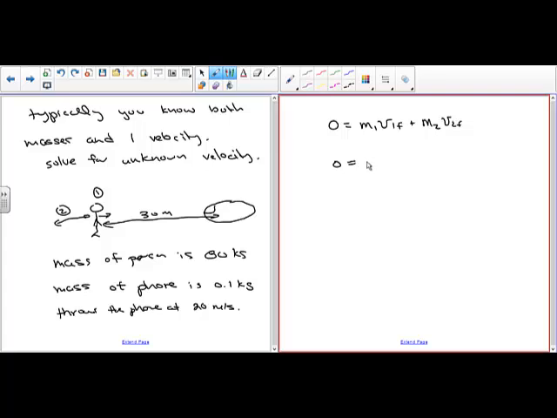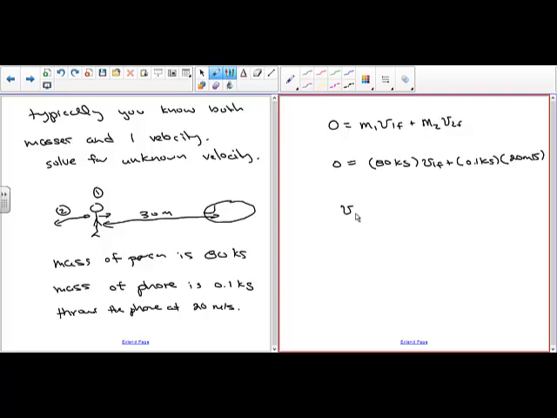We have m1, which is the person, 80 kilograms, times v1 final, plus m2, which is the phone, 0.1 kilograms, times 20 meters per second.